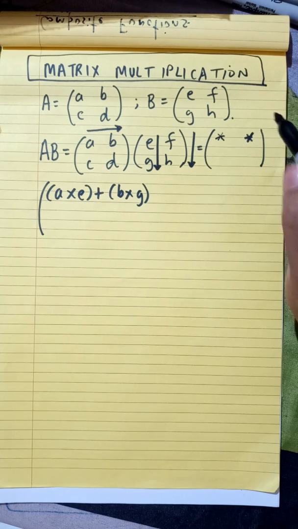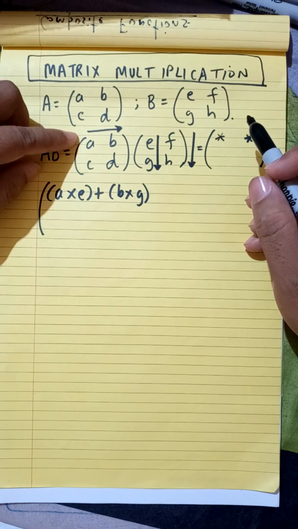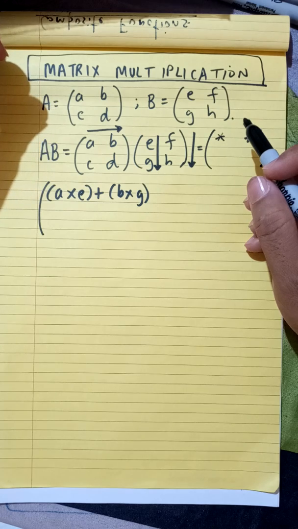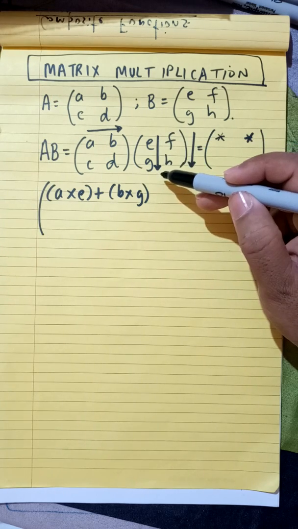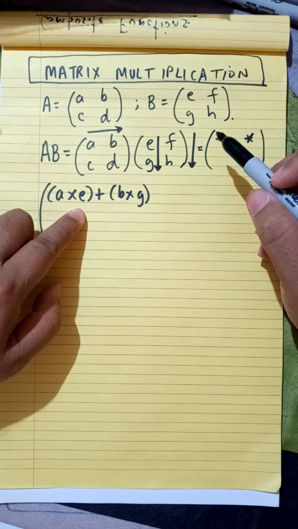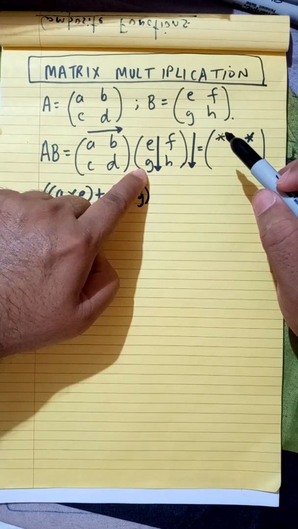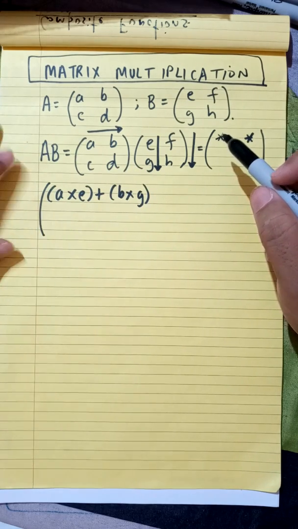Now whenever we're multiplying matrices, we always multiply row by column. So we're going to use the first row of the first matrix with the first column of the second matrix. So we're going to have A times E plus B times G. We always put a plus there.